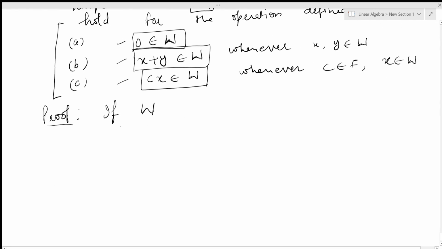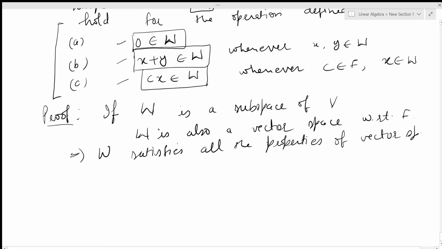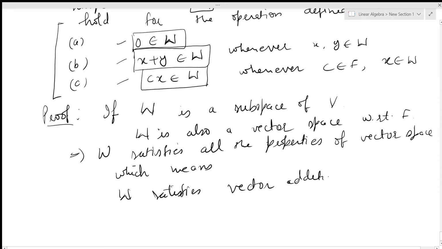So if W is a subspace of V, that means W is also a vector space with respect to F. That means W satisfies all the properties of a vector space, which means W satisfies vector addition, scalar multiplication, additive identity, and so on.